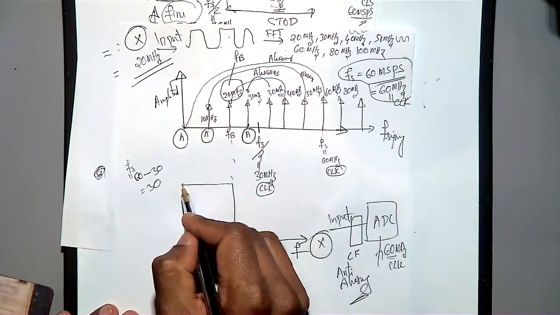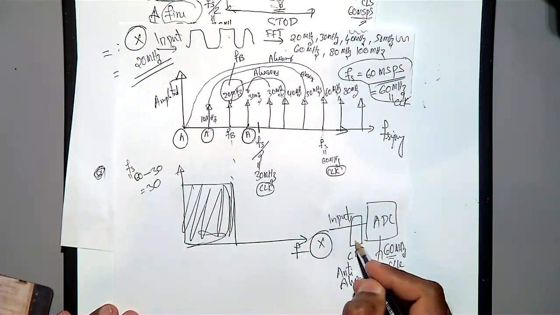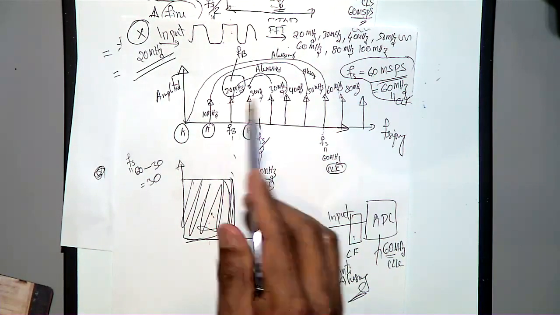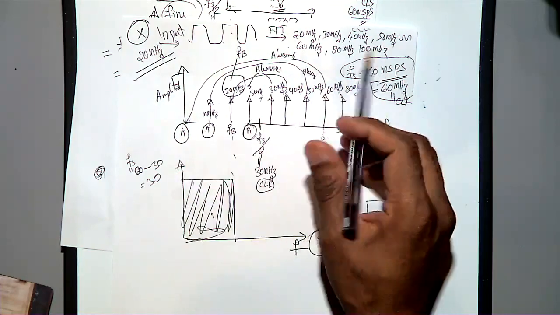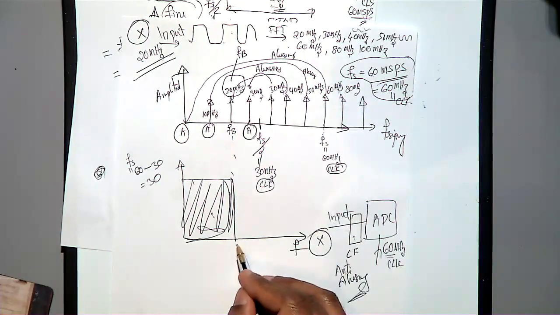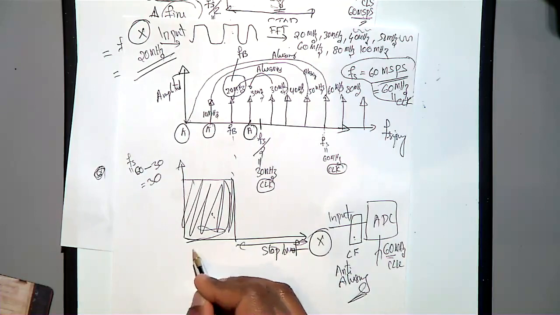This is frequency, and this is the response you should be having. If you got this filter response, then you are fine, because you are only passing up to 20 megahertz and suppressing all the 30, 40, 50, 60, 80, all gone. This is your stop band, and this is your pass band.